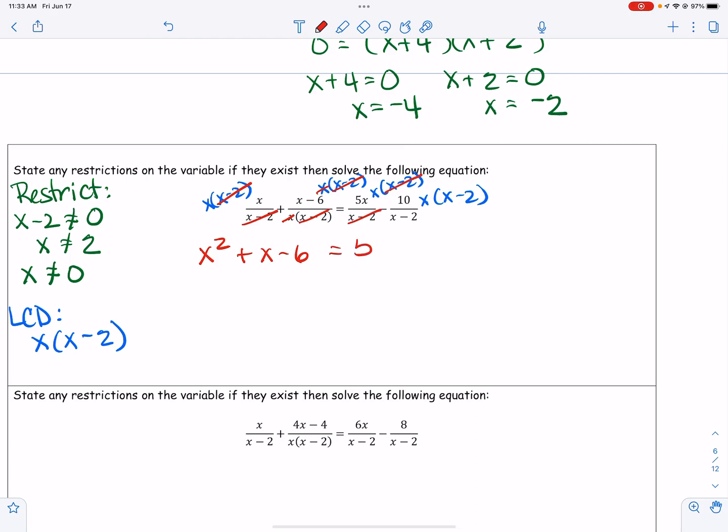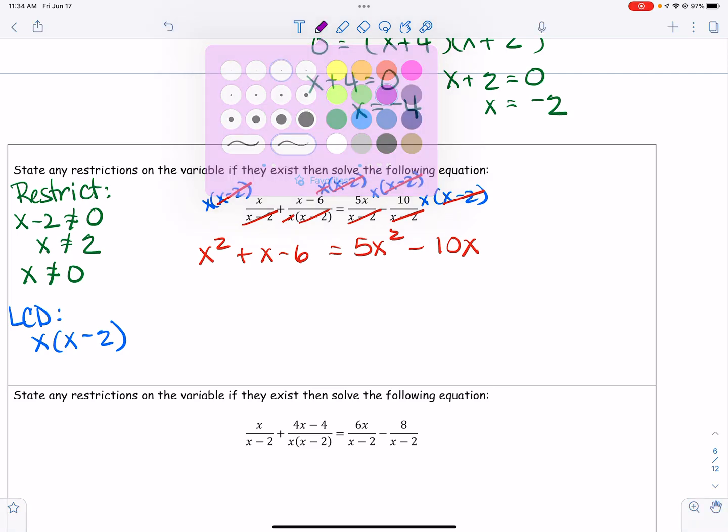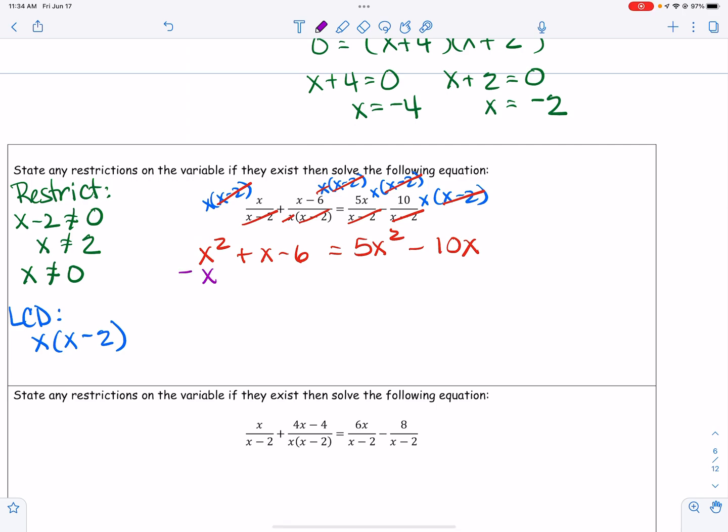I get 5x times x, or 5x squared. The x minus 2's cancel, and I get negative 10x. Again, since my x squared is positive on the right, I'm going to move everything over to that side. So I'm going to subtract x squared. I'm going to subtract x, and I'm going to add 6.